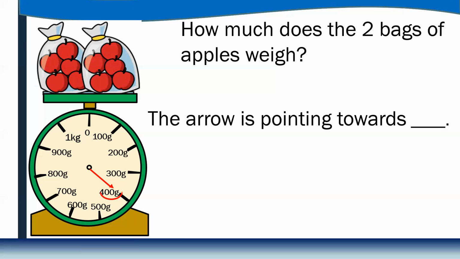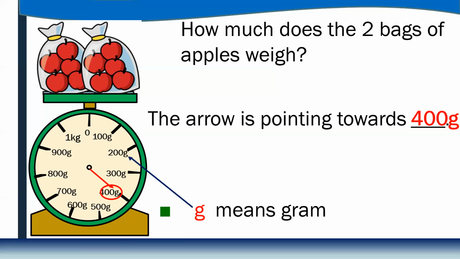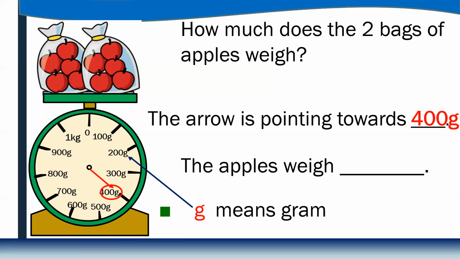Great. The arrow is pointing towards 400 grams. The letter G beside the numbers on the scale means gram. Gram is the unit used to measure the apples. Now the two bags of apples weigh 400 grams.